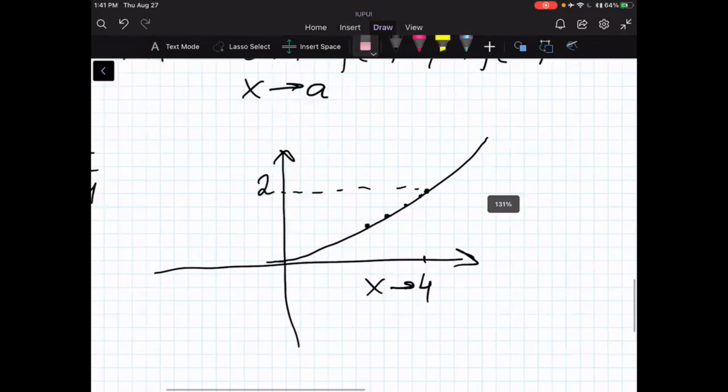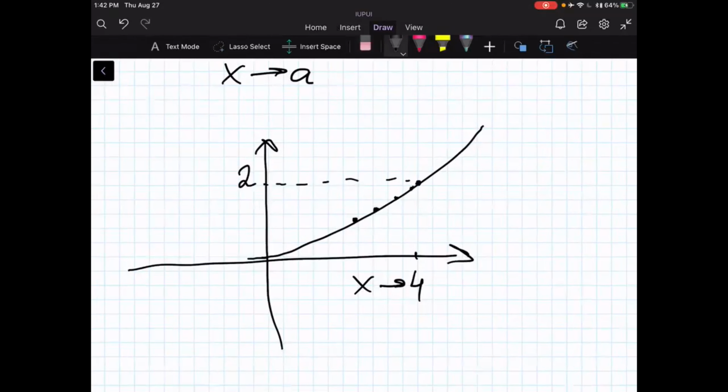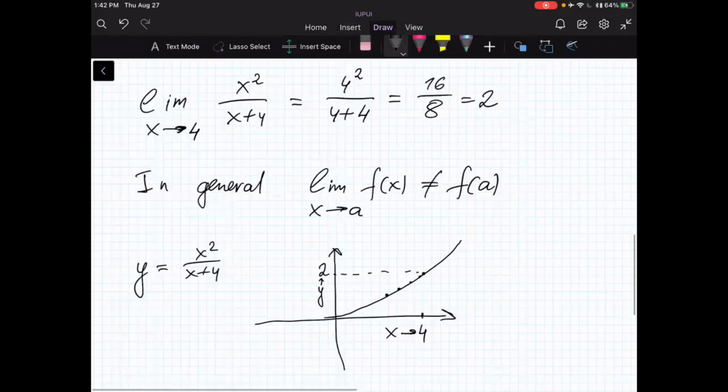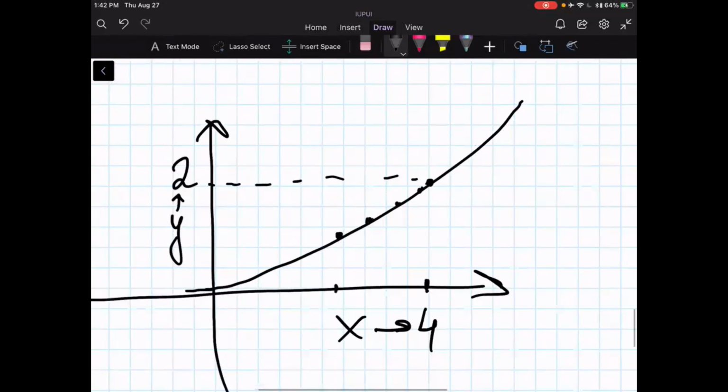So that's what we did, right? We calculated some, we chose some points x which are near the point 4, say 4.1, say it's this point. Then we chose 4.01. Oh, sorry, it should be from the other side then. So in some sense we did it from the right.